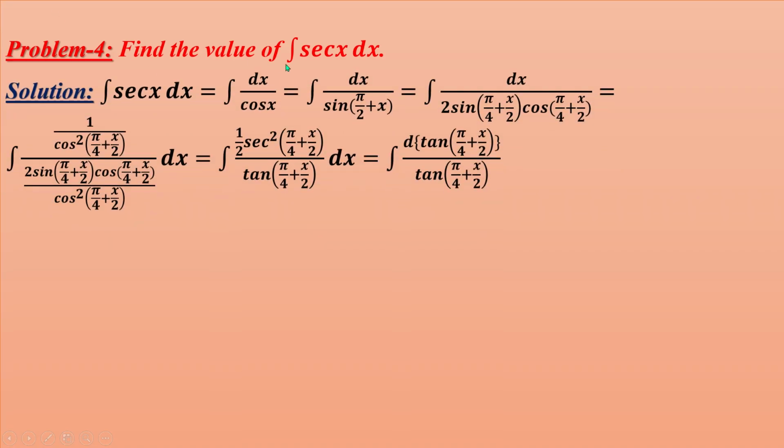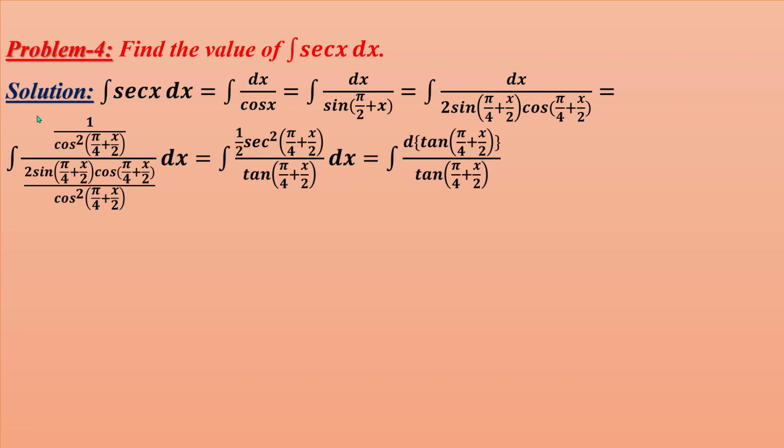Problem 4. Find the value of sec x dx. Sec x we can write as 1 by cos x, that means dx by cos x. Cos x means sin of pi by 2 plus x. And sin 2a we can write as 2 sin a cos a.